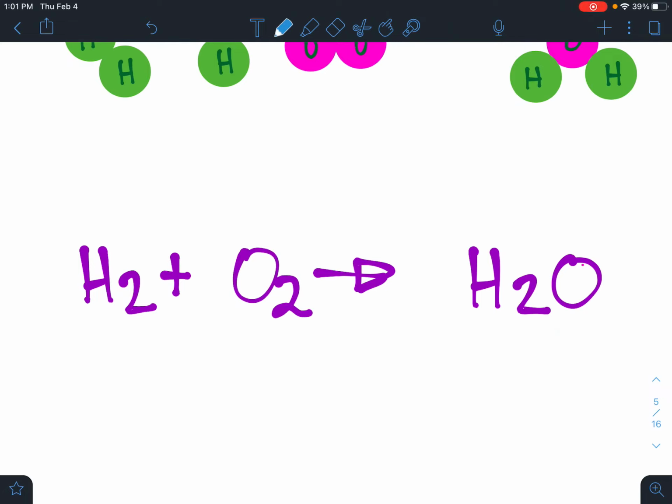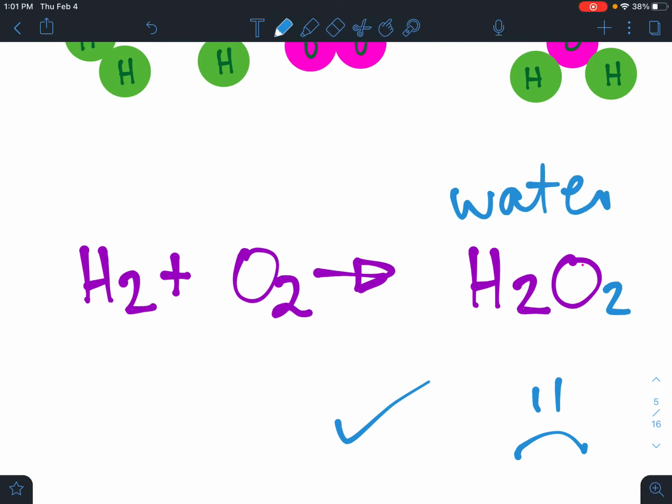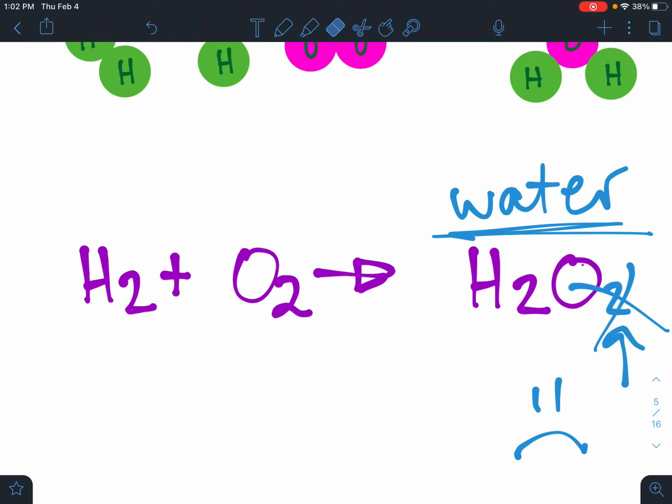So all I have to do is put a 2 right there, and now it's fully balanced, except our product was water. Our product was H2O molecules. If you change that subscript, it changes what the substance is. H2O2 is actually hydrogen peroxide and has different properties than water. So unfortunately, we cannot just change the subscripts.